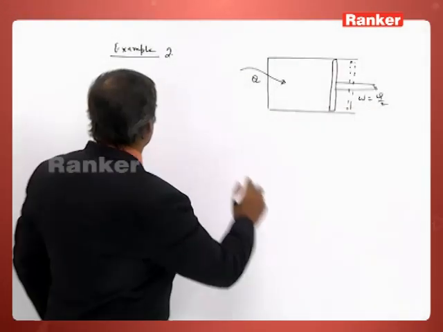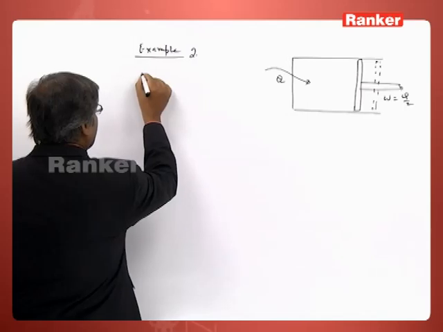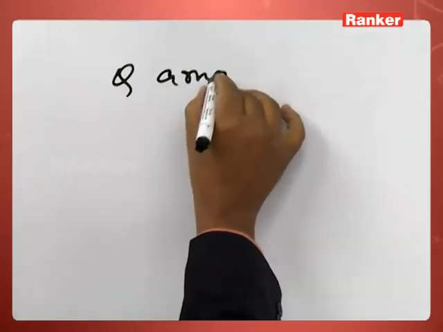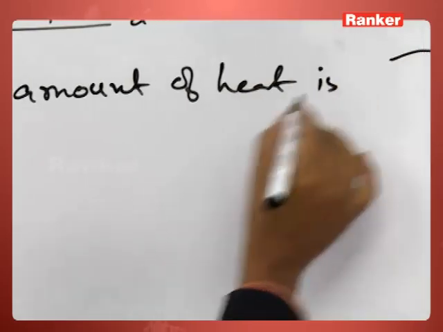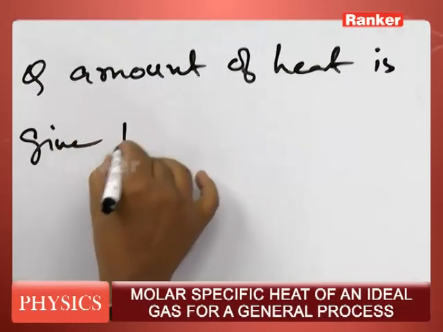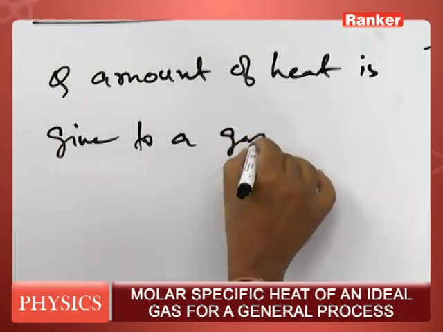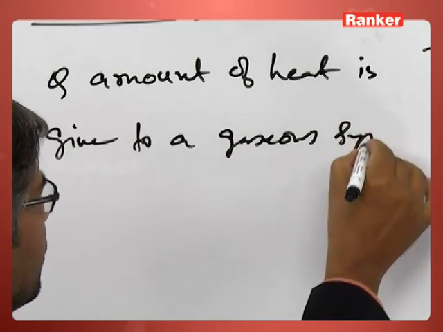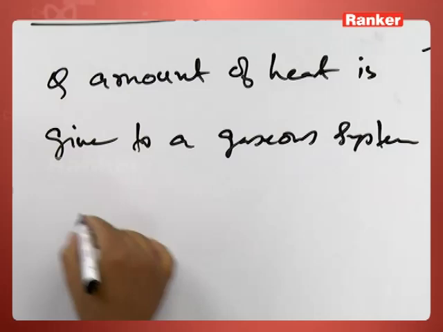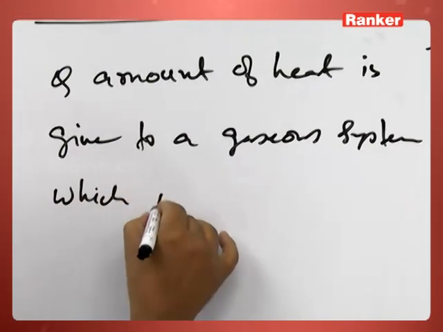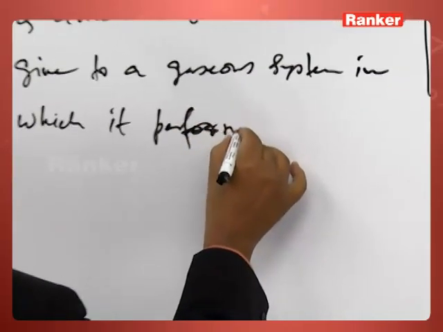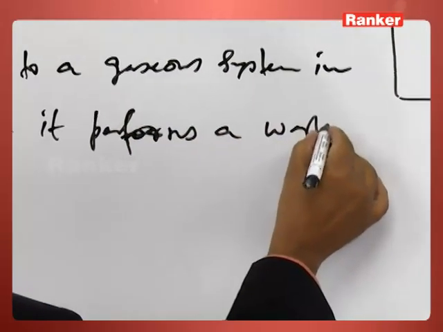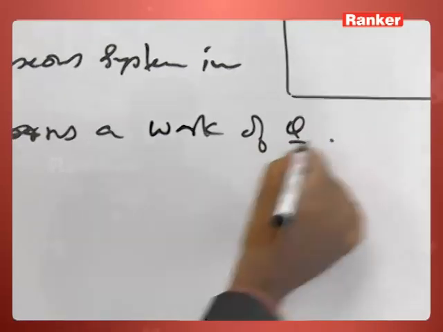So Q amount of heat is given to a gaseous system in which it performs a work of Q by 2.